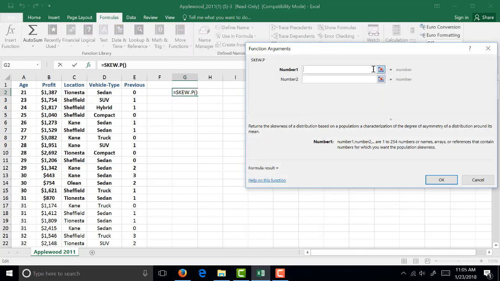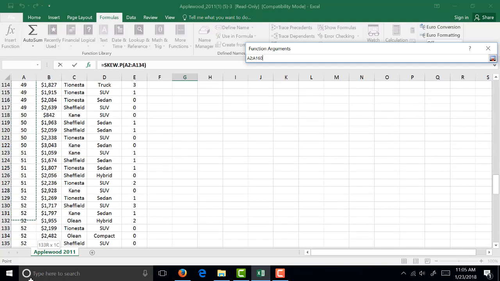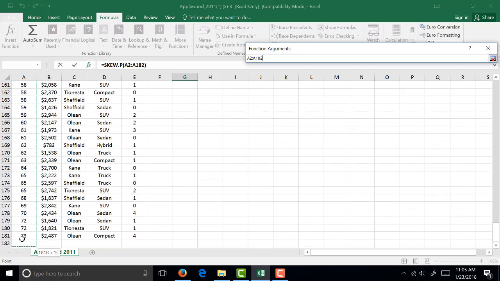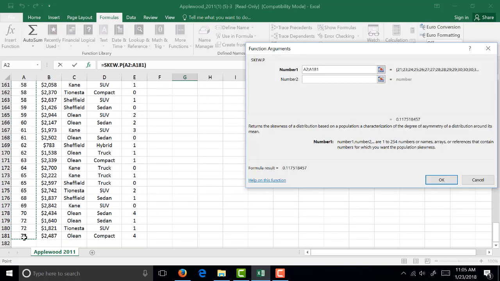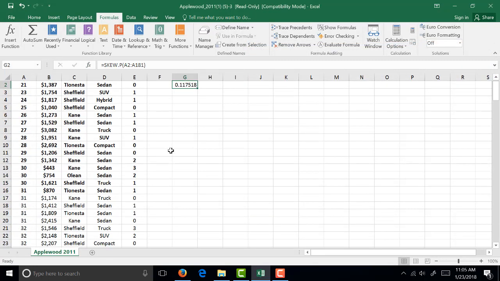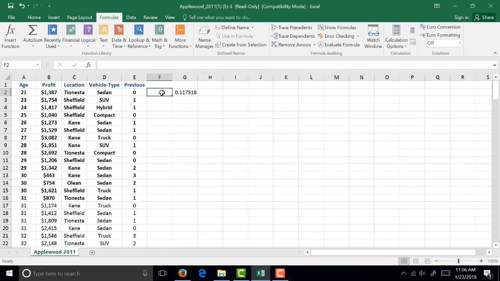What we need is simply our data. We'll take a look at our age, I'm going to highlight those ages, and hit enter. And we have a skewedness of a population of 0.1175.